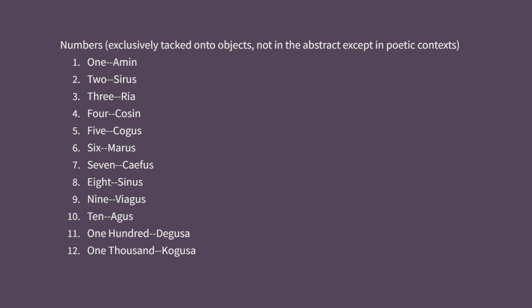Amin, Sirius, Rhea, Cosin, Cogus, Maris, Cephas, Sinus, Viagus, Agus. To say 11, you just say Agus to Amin, 10 and 1, and you count up like that. 100 is Degusa, 1000 is Kogusa.